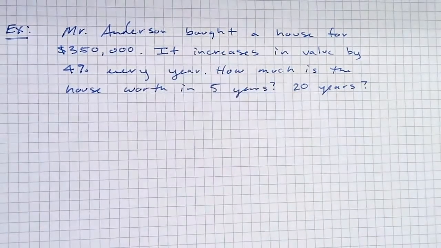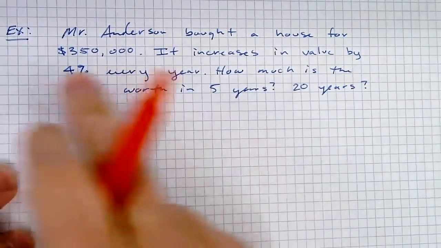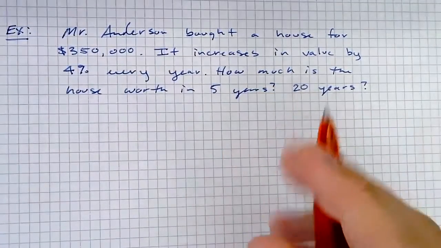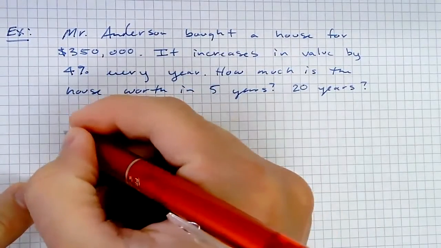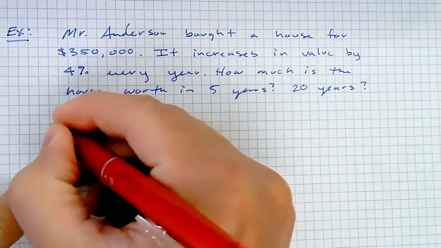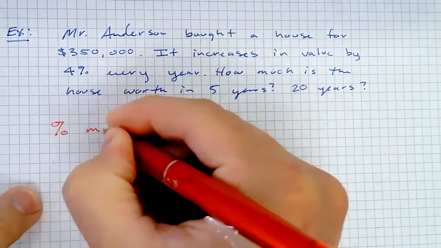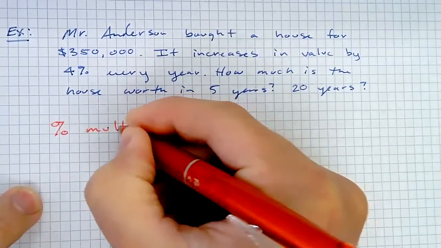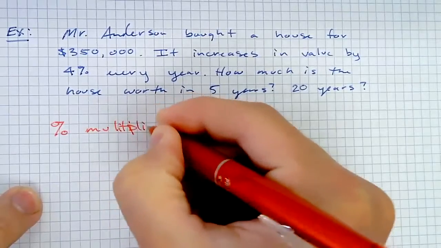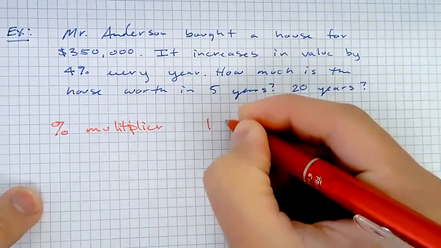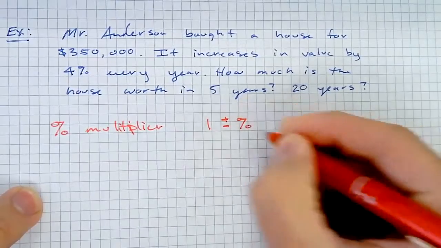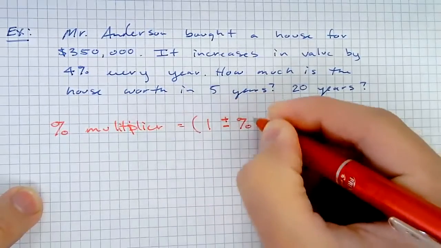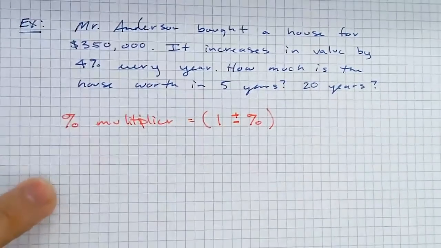So an important thing to note: when we're increasing by a percentage, our multiplier is always 1 plus or minus the percentage.